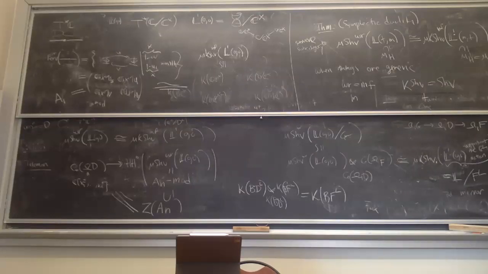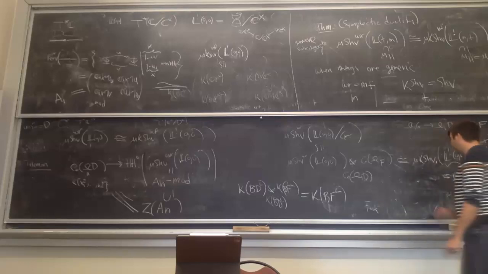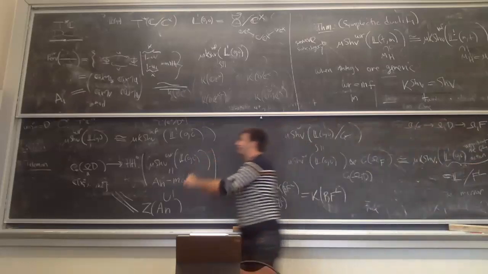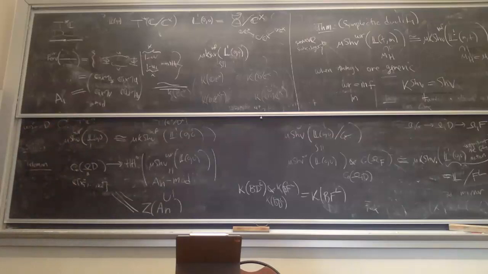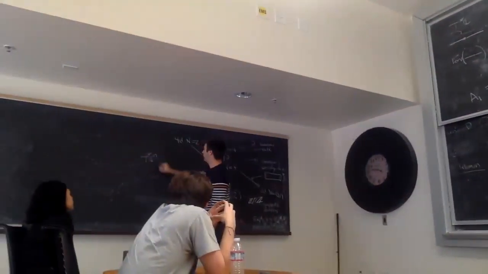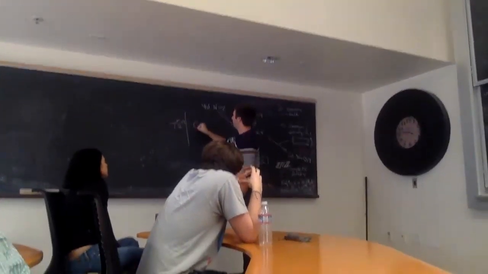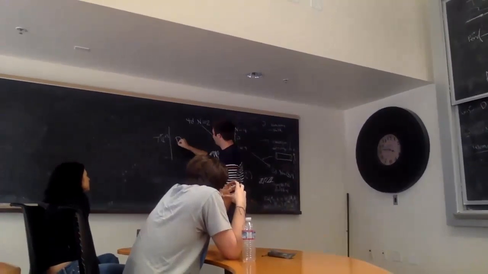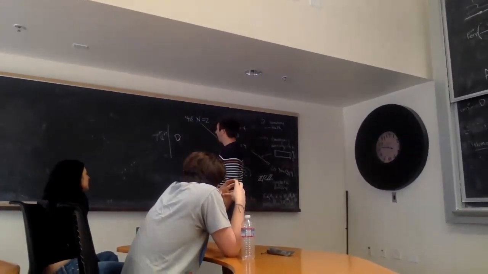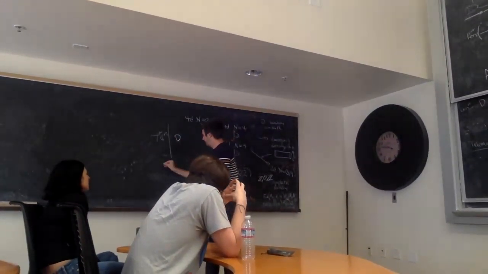Let me try and say this in a nicer way. This picture actually comes from this 3D, 4D kind of relationship. What I'm doing is putting my T star C to the N gauge theory on the boundary of a D gauge theory. And it turns out that when you take the S dual, it goes to the same thing.